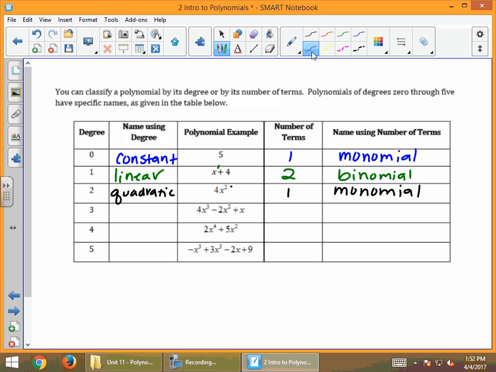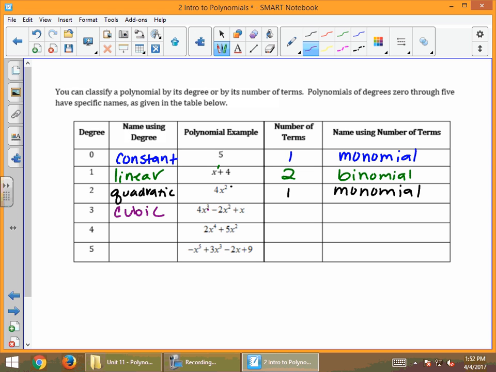Anyone know what a polynomial with a degree of 3 is called? It has 3 terms. So you're right, it has 3 terms. It's a trinomial. Does anyone know the special name for if you cube it? We call it a cubic. Oh, very close. A cubic. We call it a cubic, and the highest exponent is a 3. So we look at an example.